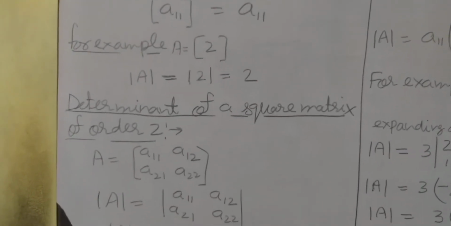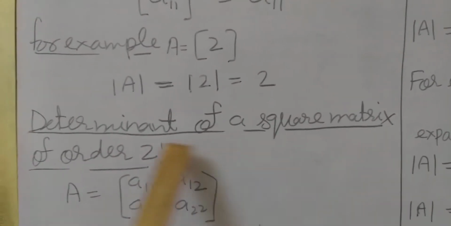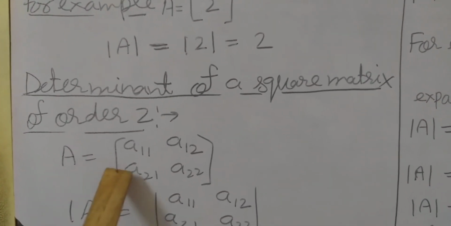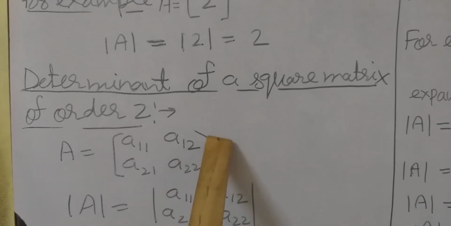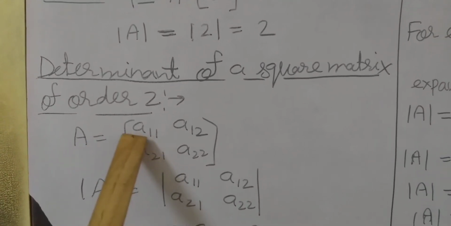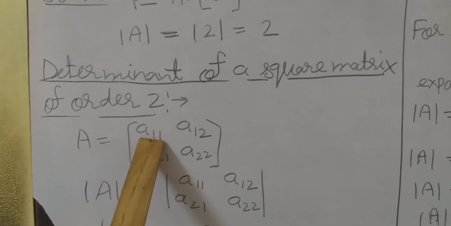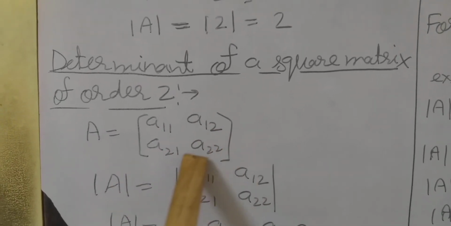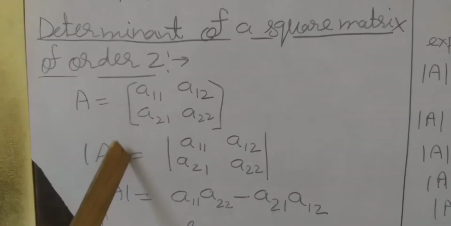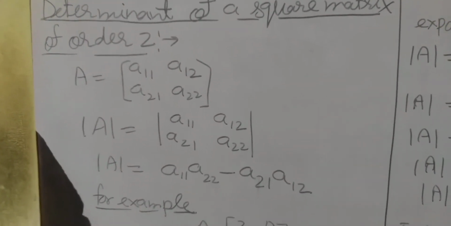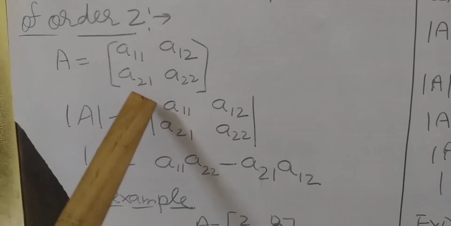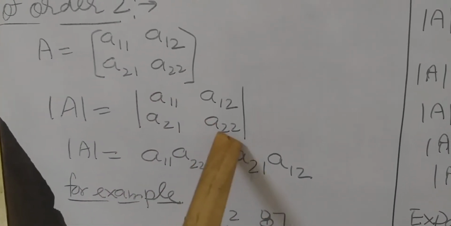Now students, determinant of a square matrix of order 2. You can see A is a matrix of 2 by 2. There are 2 rows and 2 columns, so its order is 2. In first row, elements will be A11, A12. In second row, A21, A22. Its determinant equals, we have to multiply diagonally, A11 multiplied with A22.